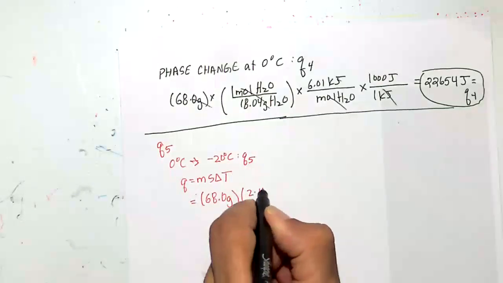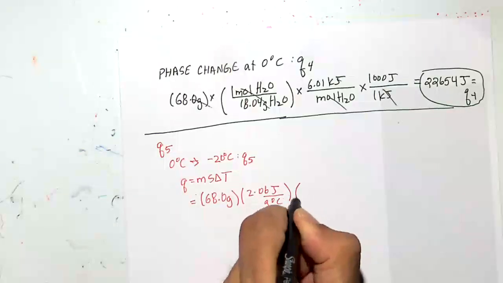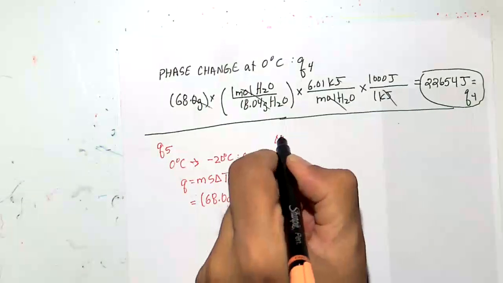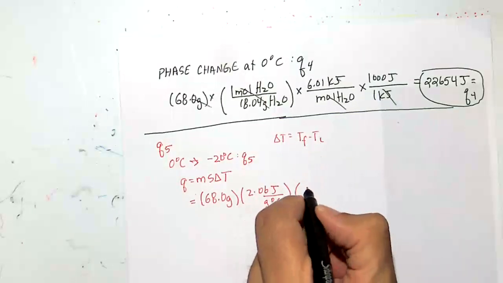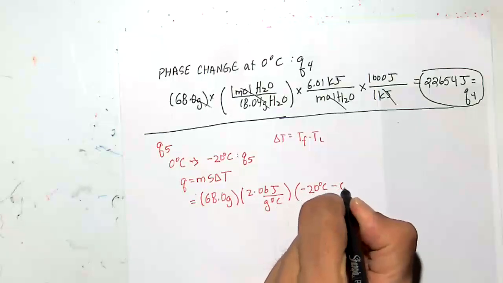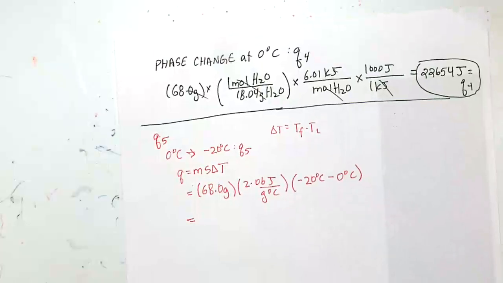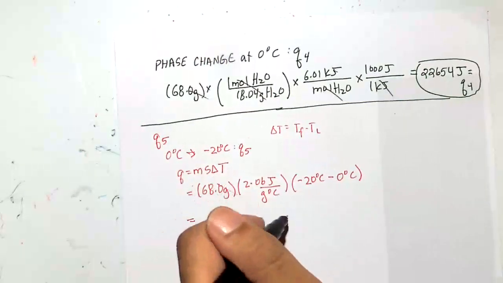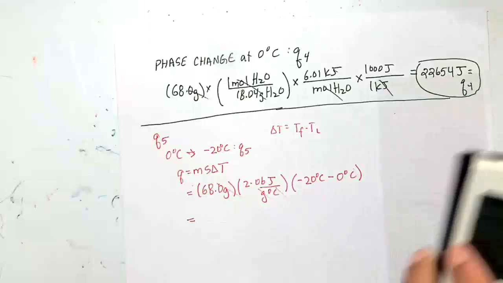So it's 2.06 joules over grams degree C. Okay, delta T is final minus initial. Final is minus 20. What is initial? 0 degrees. So grams, degree C cancels.